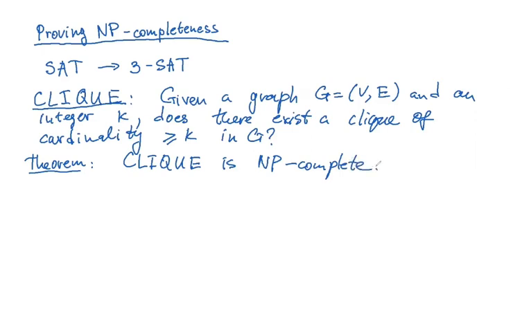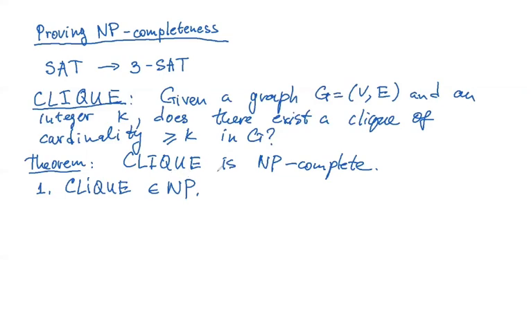To show that any problem is NP-complete, usually we have to prove 2 facts about it. First we need to show that the problem is in the class NP. CLIQUE belongs to NP. Whenever a problem belongs to the class NP, in many cases it's actually easy to establish. And CLIQUE is one of these cases.